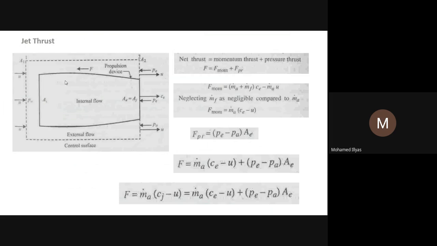Sometimes a compressor may also be there. After that, we'll have the combustion chamber and then the turbine. The turbine exhaust will be coming to this nozzle. After expanding in the turbine, the hot gas will be allowed to expand through this nozzle here.